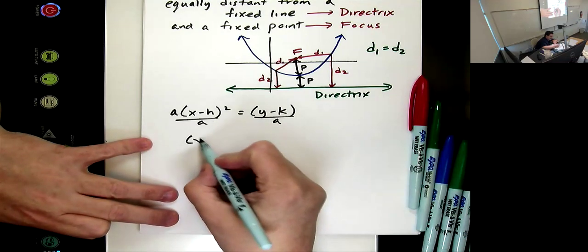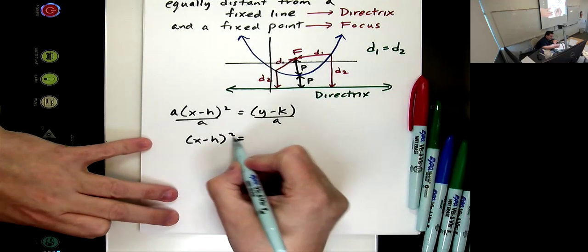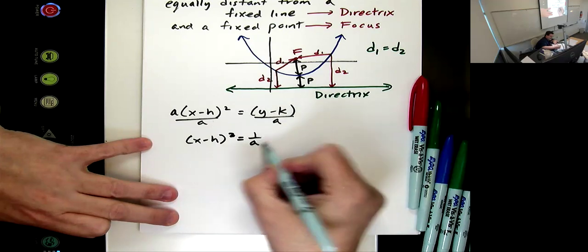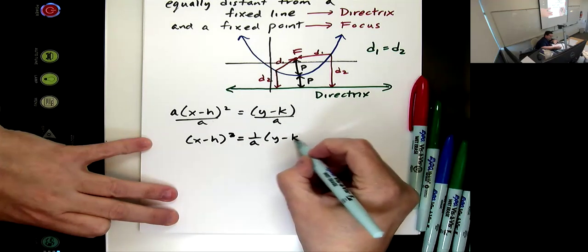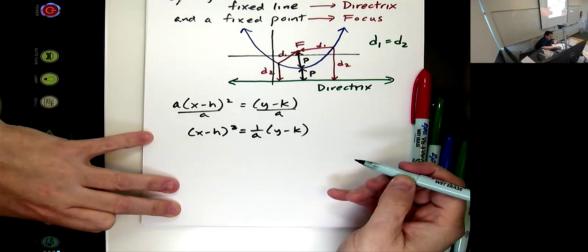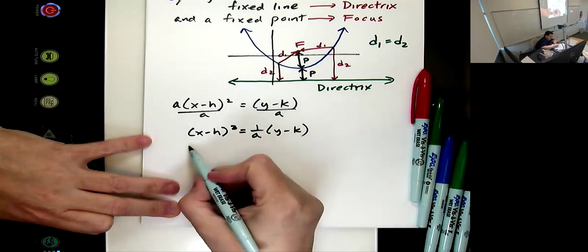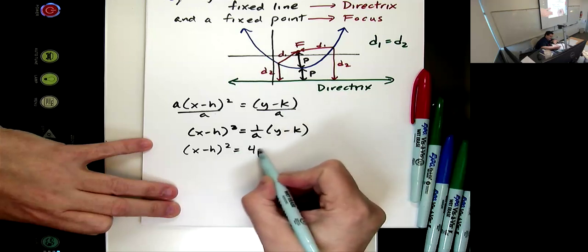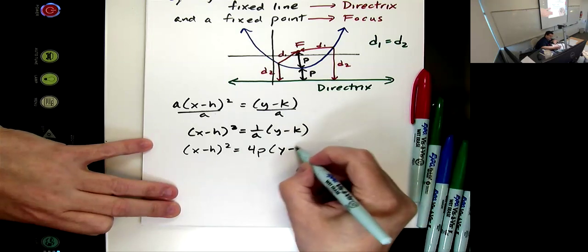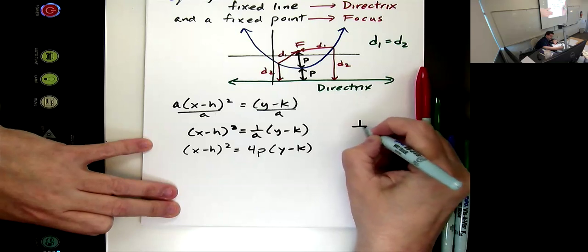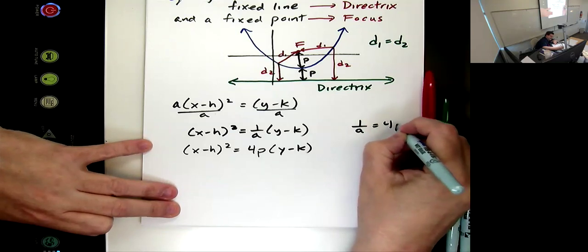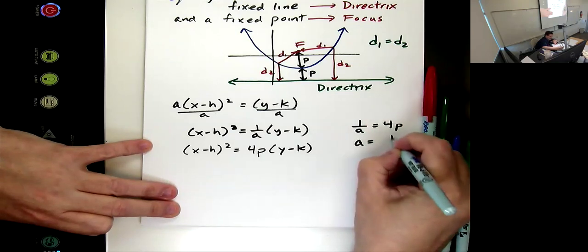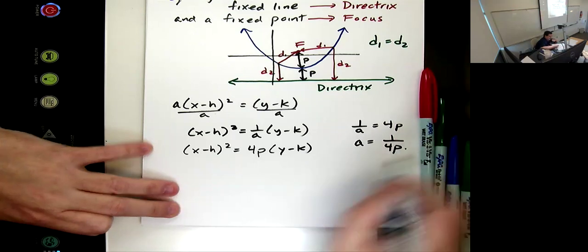So we have x minus h squared equals 1 over a times y minus k. And then the 1 over a is 4p, where a equals 1 over 4p.